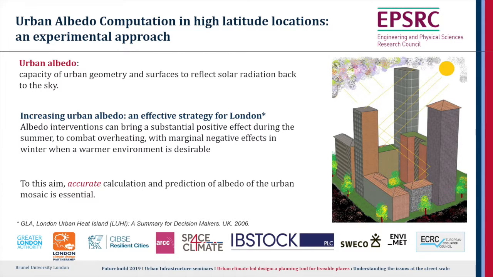This is important because it has been shown that in a city like London, in this climate, an increase of urban albedo could mitigate the overheating effect during summer without any huge detrimental effect during the winter time. So we would like to increase the urban albedo of some areas in London, and to do so we need to have some model tools to predict the urban albedo with more accuracy.